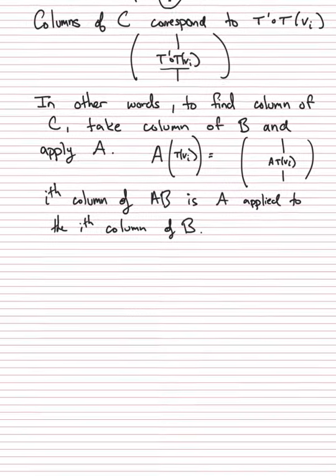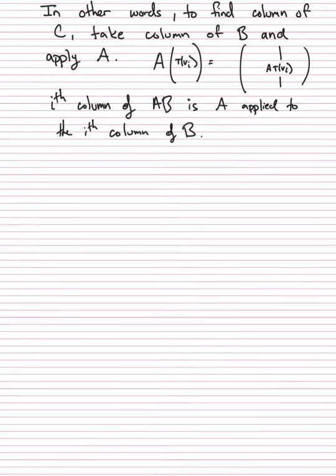So let me do a couple examples so we can see what's going on. First example, I'll do the matrix 2, 1, 1, 1 squared, okay? So this is going to go from R2 to itself.